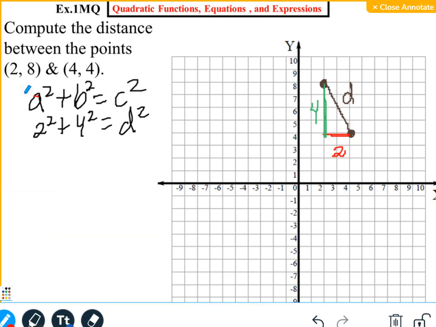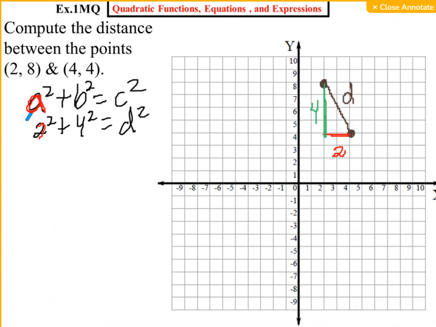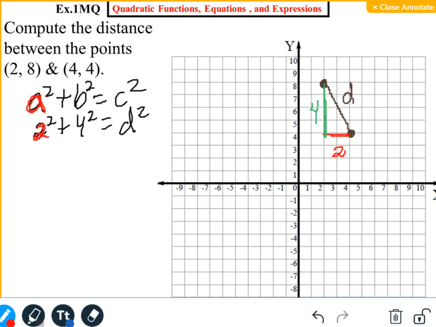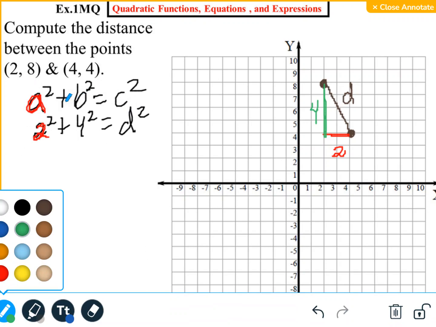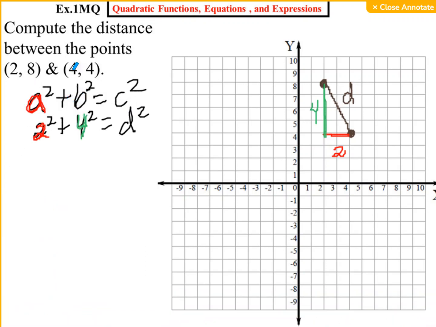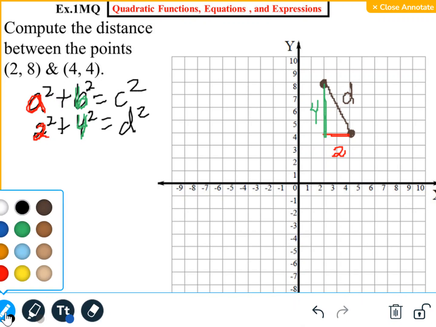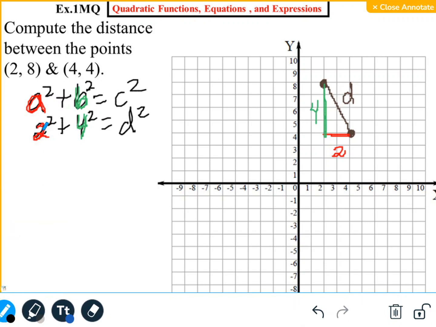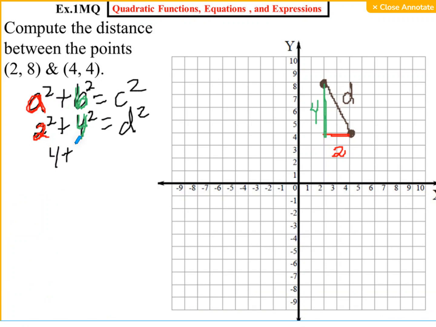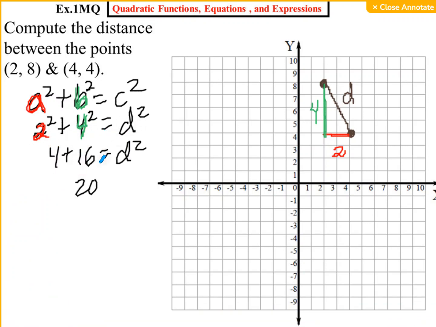So let me just change colors in case you didn't see it. All right, so 2 squared is 4. 4 squared is 16 equals d squared. So this is 20 equals d squared.